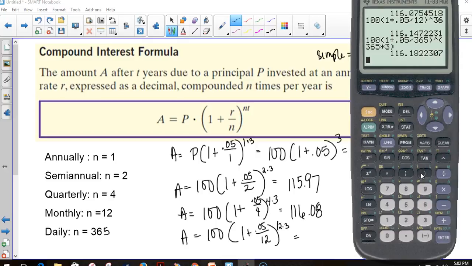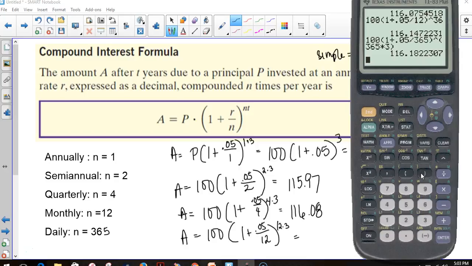So it's the same amount of money, the same interest rate, but changing how often you compound that interest made that interest accrue faster, and there was more of it. And so even though the changes were very small, about $1 or $1.50 worth from simple all the way to compounded daily, that's with a very small amount of money. If this was $100,000, the difference would be much bigger, even though it grows at that same rate for every 100.